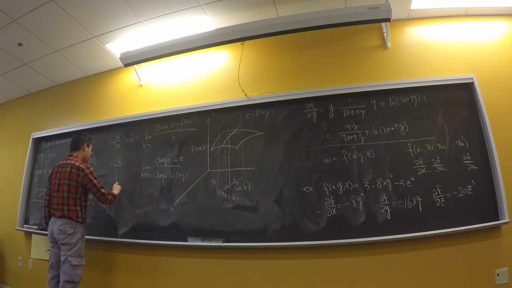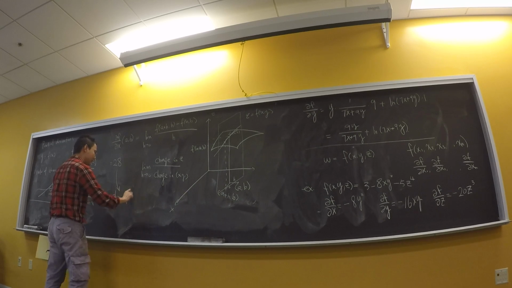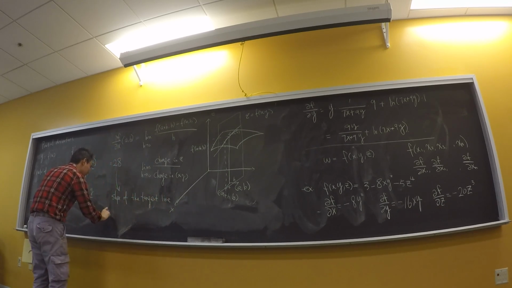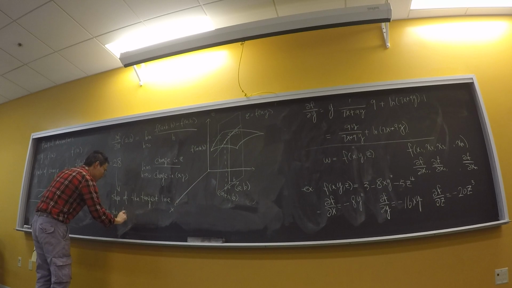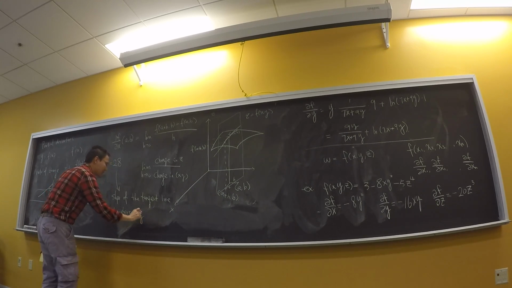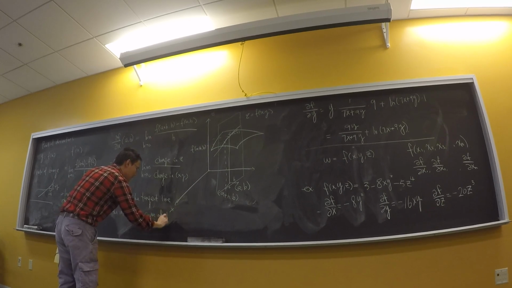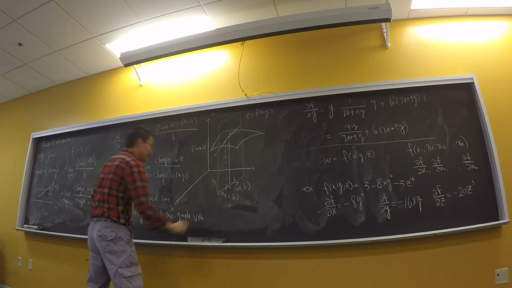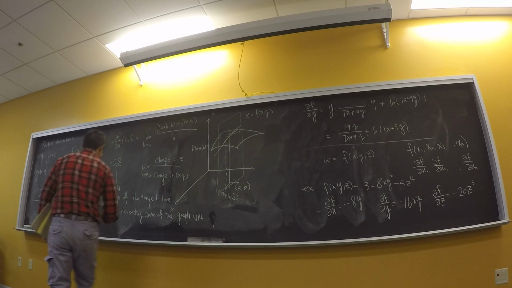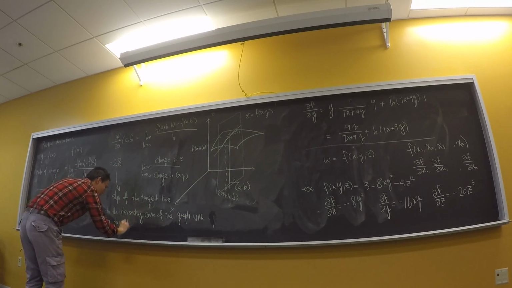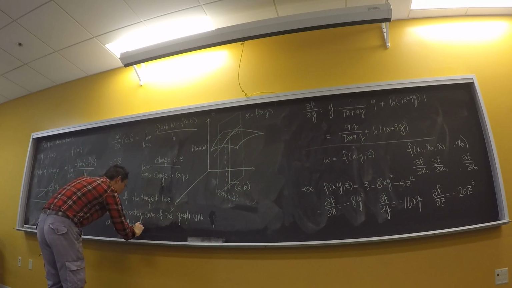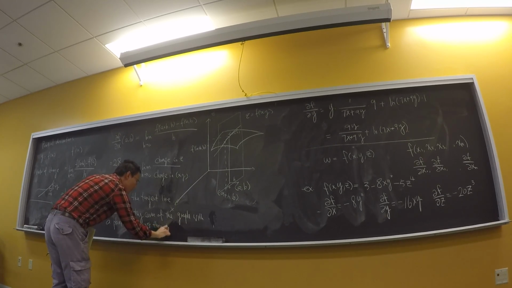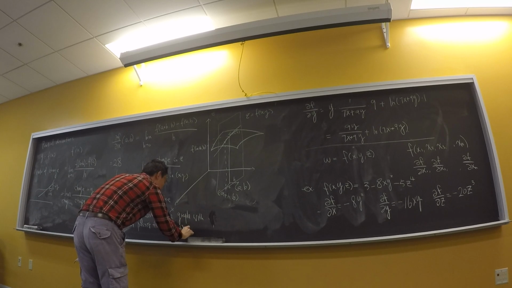This number is talking about the slope of the tangent line to the intersecting curve of a graph with a plane that passes through a b and is parallel to the xz plane.